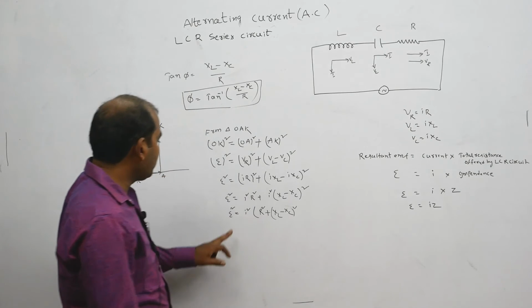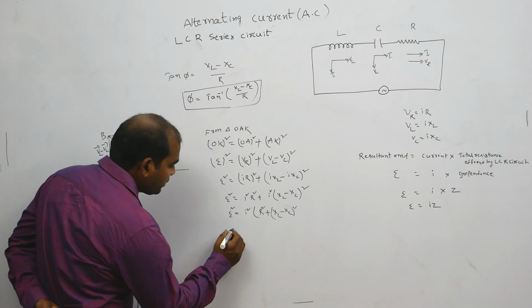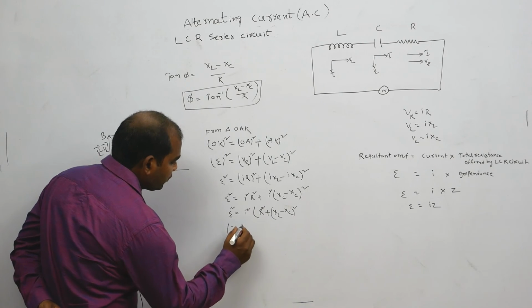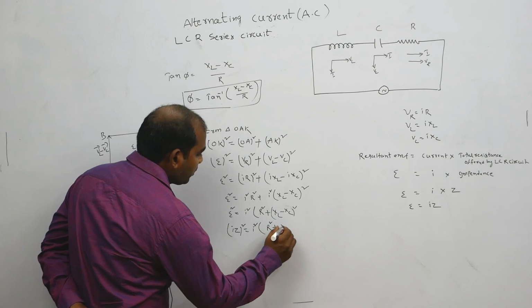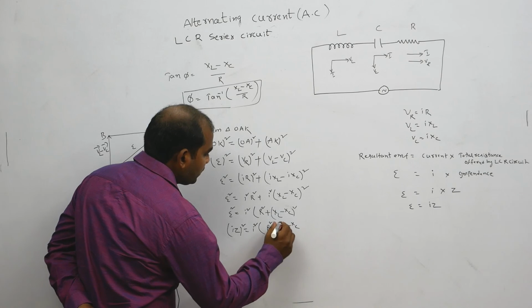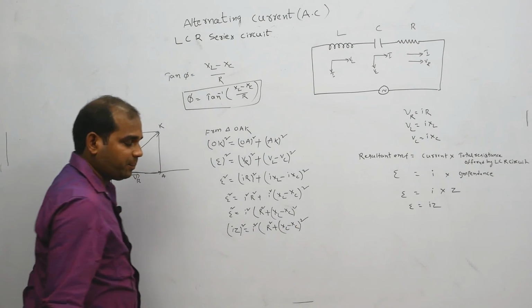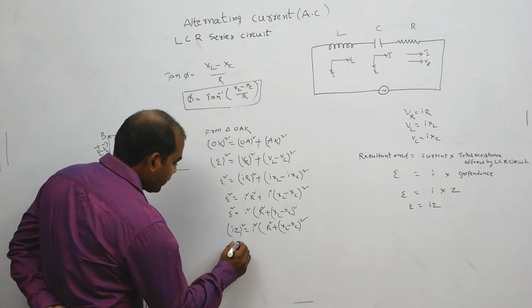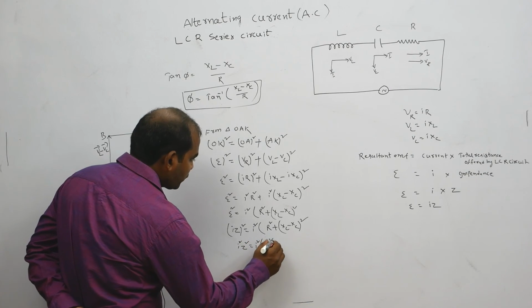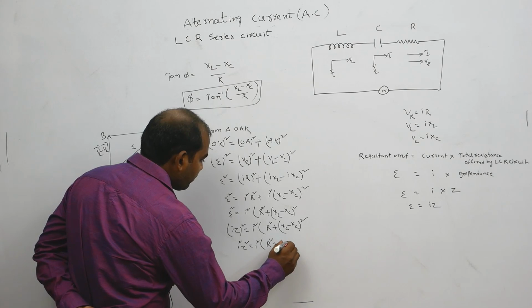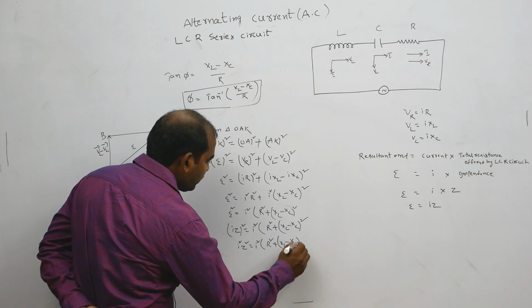In the place of E, I am writing I Z whole square is equal to I square into R square plus XL minus XC whole square. So, I square Z square is equal to I square into R square plus XL minus XC whole square.